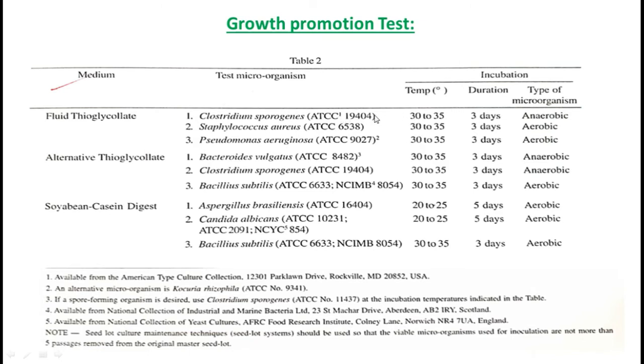For example, for this fluid thioglycolate medium, the incubation temperature is 30 to 35 degrees centigrade, and that is for 3 days. At the end of the incubation period, the media is checked for growth. If clear visible growth is observed, then it indicates that the media is suitable for the sterility testing. Likewise, the other two media can be tested.